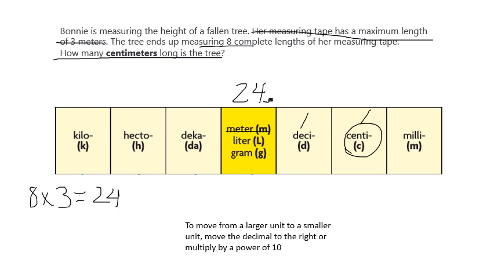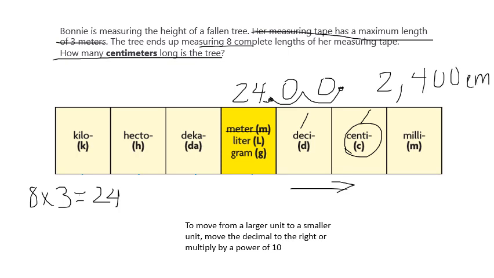So let's move our decimal to the right, which is this way. We're going to move the decimal 2 places. 1, 2, and then I'm going to add zeros in those places since the decimal stops here, which will give me an answer of 2,400 centimeters.